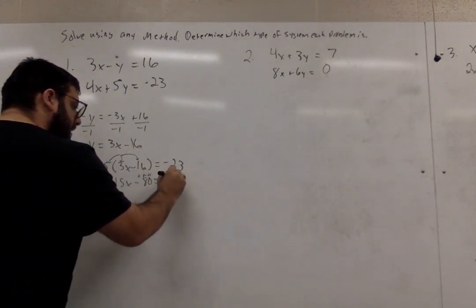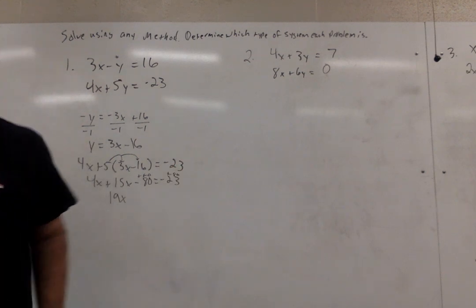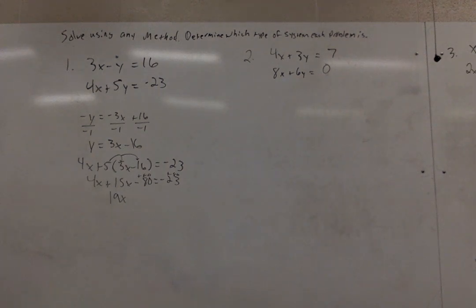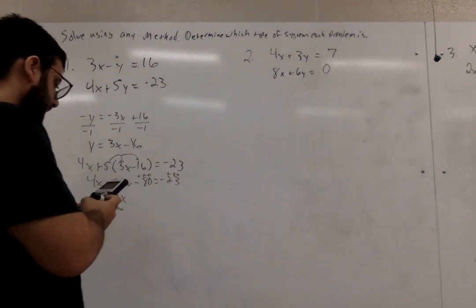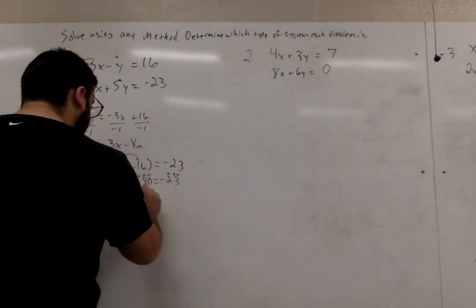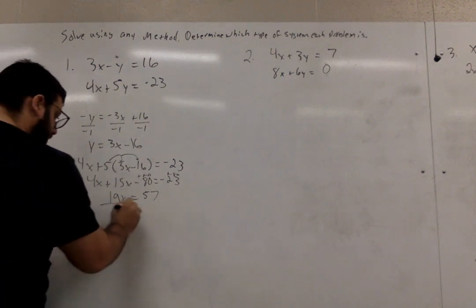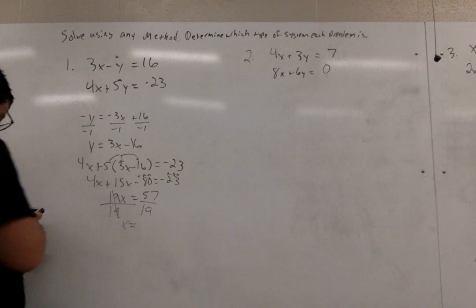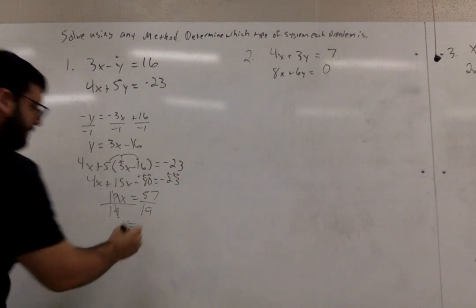Okay, so grab my calculator. All right, so negative 23 plus 80, that's 57. And then lastly, I'm just going to divide both sides by 19. X is 57 divided by 19, 3.